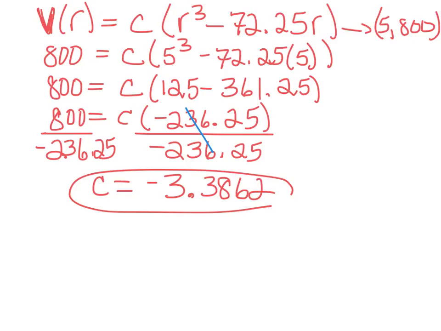Okay? All right. So now, look at part D. Part D says to use the graph to estimate the volume of the cylinder when the radius is 2. Go back and look at the picture, okay?